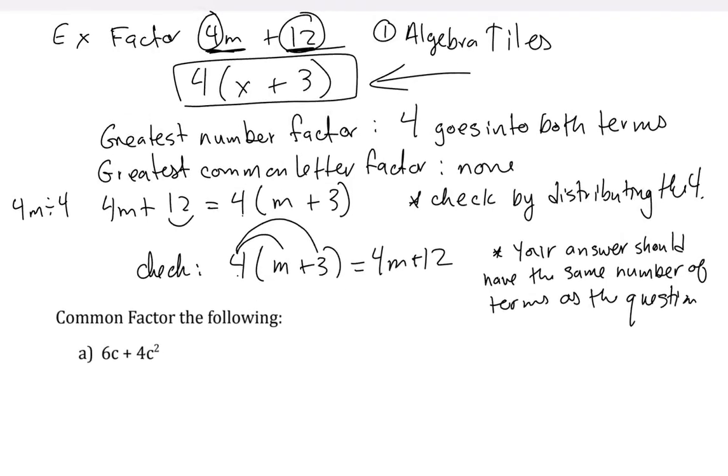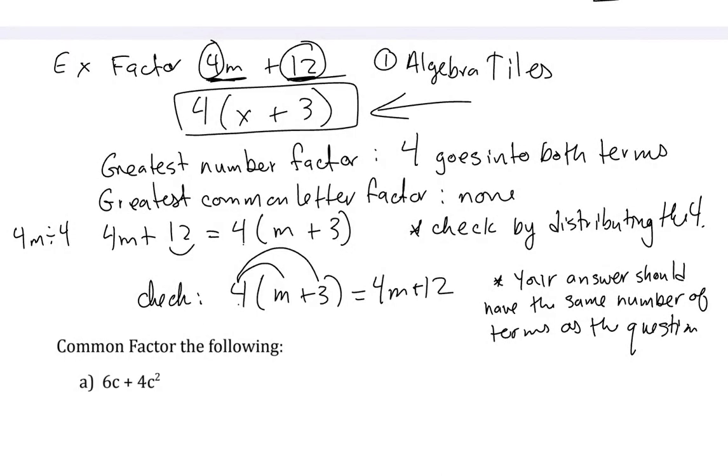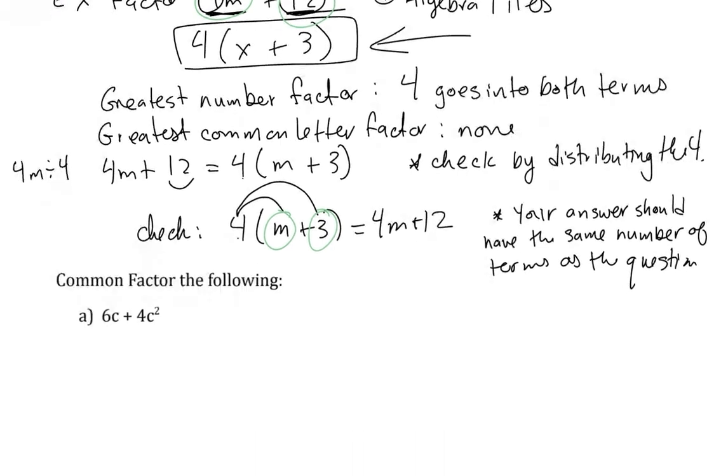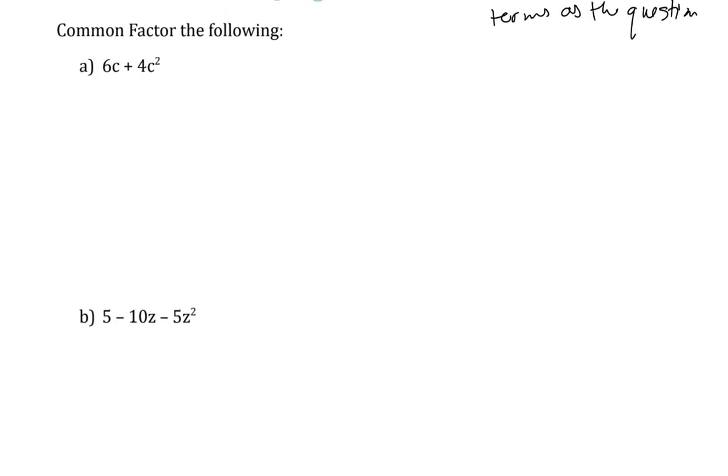So I'm seeing here 4 is multiplied by an m and a 3, so that's 2 terms. And in my original question, I have 1 term and 2 terms. So make sure, because sometimes, like the mistake that I made there, I forgot to put the plus. But then that means something totally different. 4m 12 means 4m times 12. That's not what we mean at all.